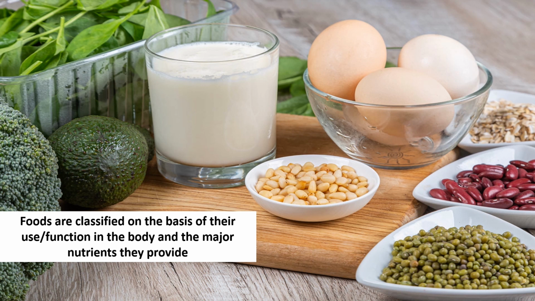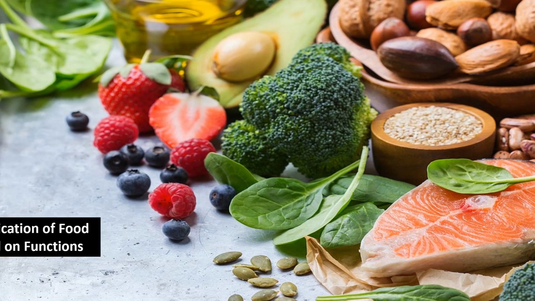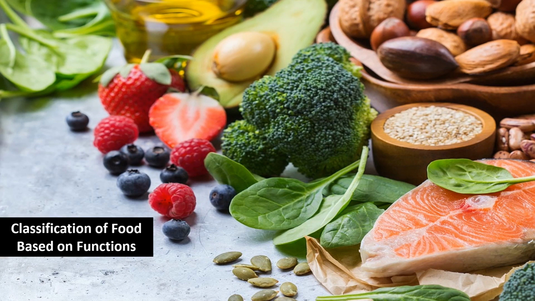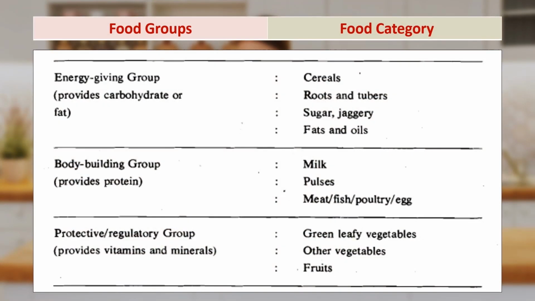So, based on the functions the foods perform and the nutrients which are present in them, we classify foods into 3 different groups, the 3 food group classification which we commonly use, called the 3 food group classification based on function.